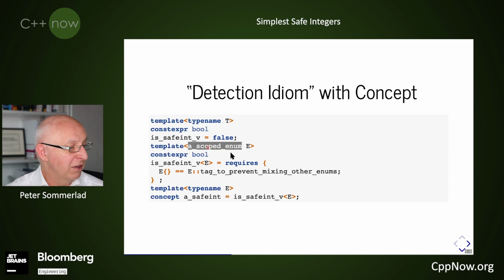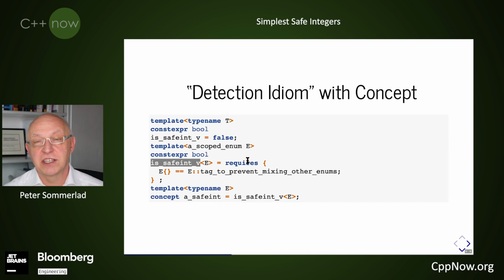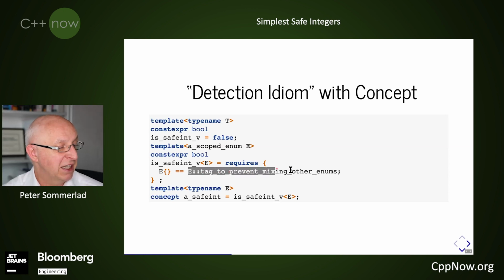So whenever we have a scoped enum, then maybe a safe int is true. And to actually compute true, we have a requires clause that gives a requires expression that will check at compile time if a given syntactical element is actually valid. And that E is the dependent type. And we actually check if a default generated E, that's our enumeration type, actually is equal to this strange enumeration value that we actually defined for our 8 different enum types.